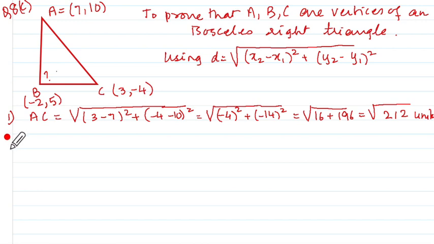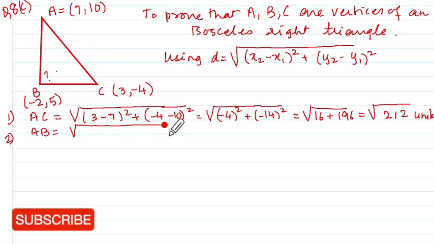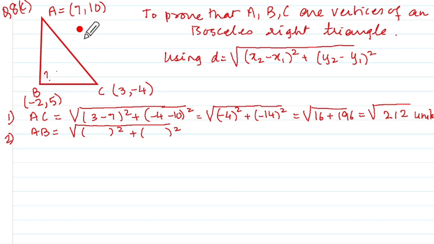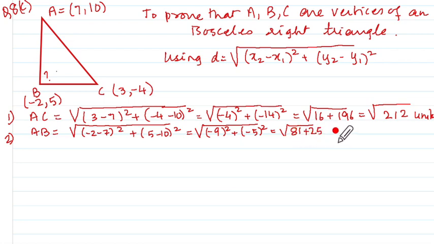Let us look at our second statement. Let us write AB equal to, and again we will write under root. Keep the brackets ready. For AB, let us write minus 2 minus 7 and 5 minus 10. So that will give us under root minus 9 whole square plus minus 5 whole square. So under root 81 plus 25, which is under root 106 units. Then we come to the third statement where we'll have BC.